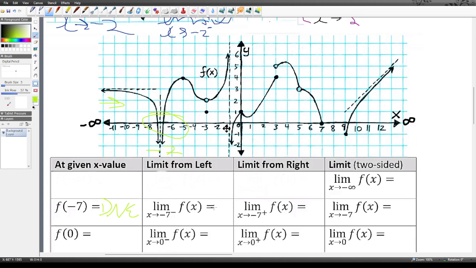That wasn't the best explanation for that. So this limit would be equivalent to negative infinity, or does not exist, or unbounded. This color doesn't look good. Okay.